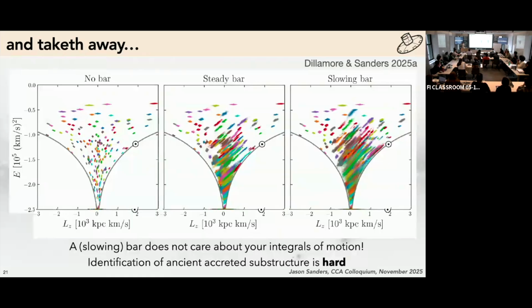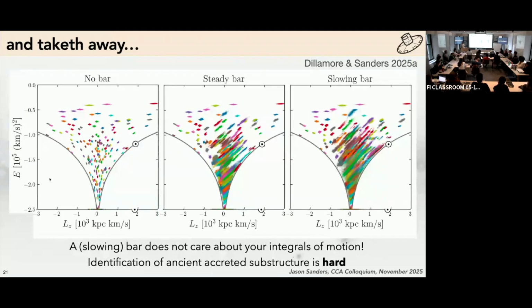But the bar can also, as well as producing structure, the bar also seems to destroy structure. And remember the diagrams I was showing of the globular cluster associations with the GSE.